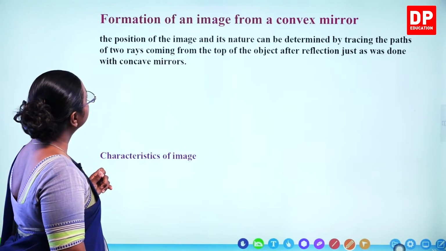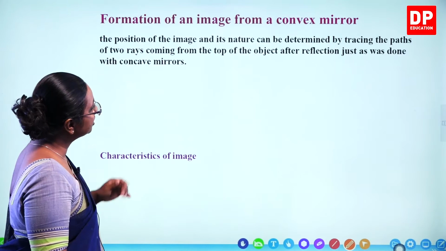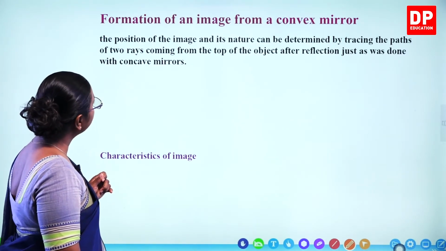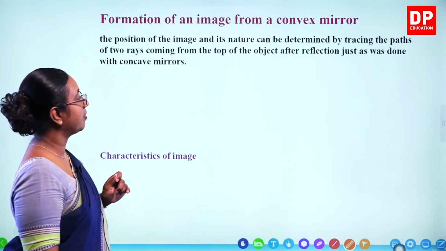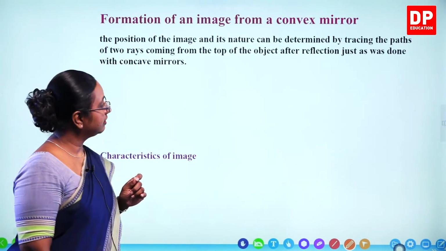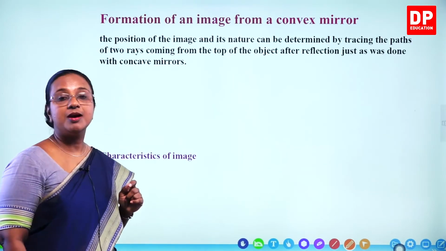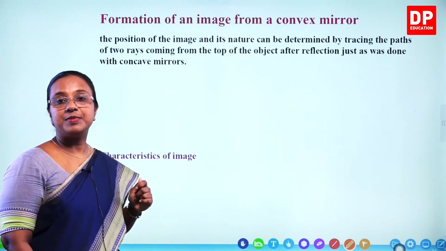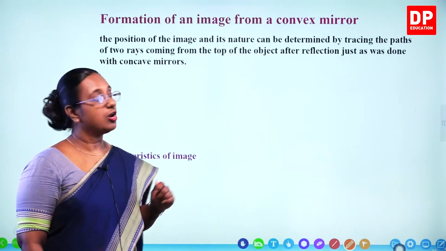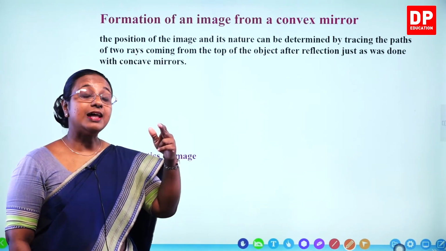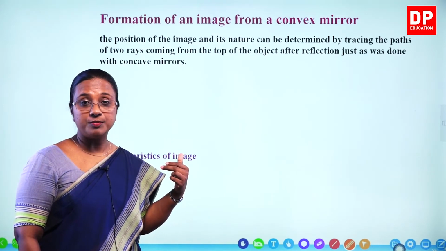The position of the image and its nature can be determined by tracing the paths of two rays coming from the top of the object after reflection, just as was done with the concave mirrors. So this is something that is familiar to you all. Always we use two rays that are coming from the top of the object.